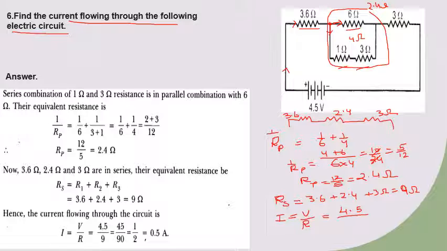So when I solve 4.5 upon 9, I'll get 45 upon 90. To remove this decimal sign, I need to multiply with 10. If I am multiplying the numerator with 10, the denominator also I have to multiply with 10. So 45 upon 90 is nothing but 1 upon 2, which is 0.5 ampere. This is the final answer.